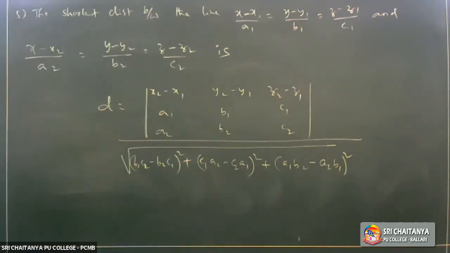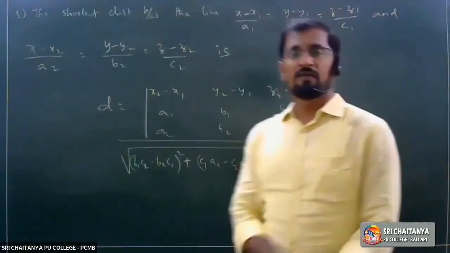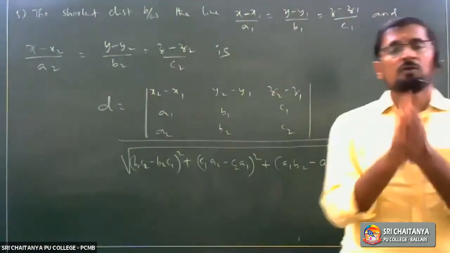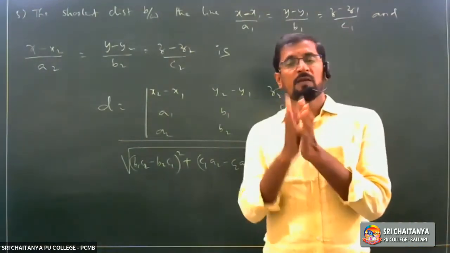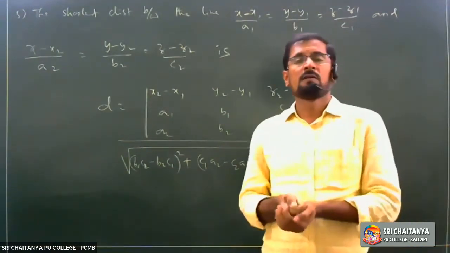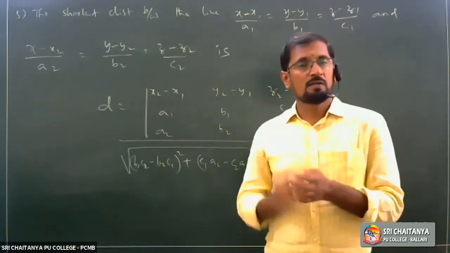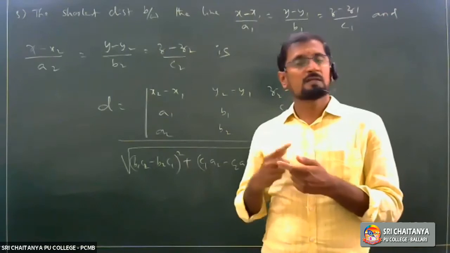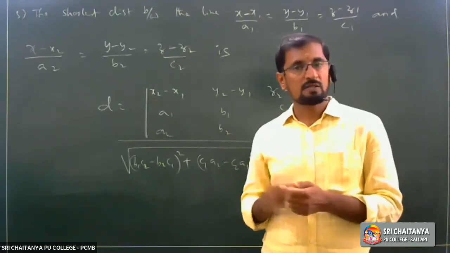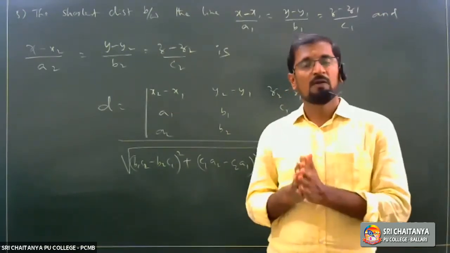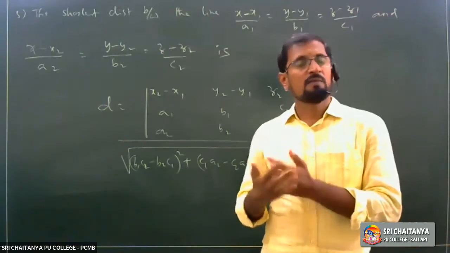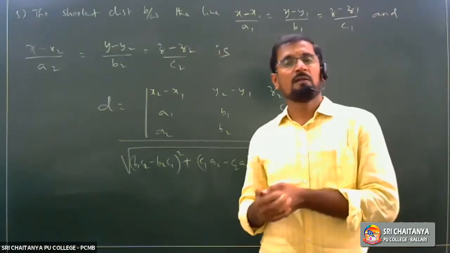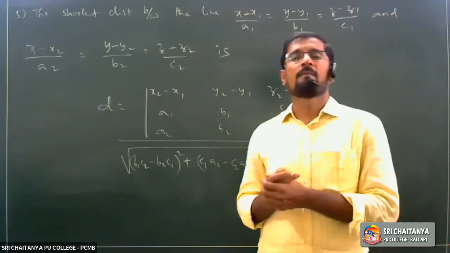I am going to repeat this concept once again. First point, the definition of skew lines. Two lines are said to be skew lines in space if they are neither parallel nor intersecting.